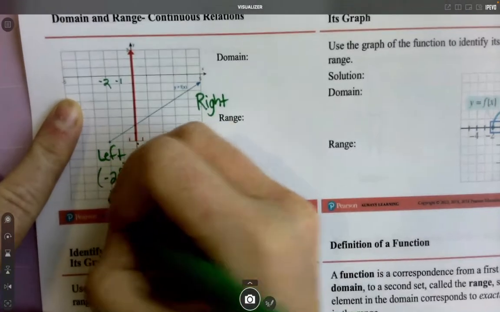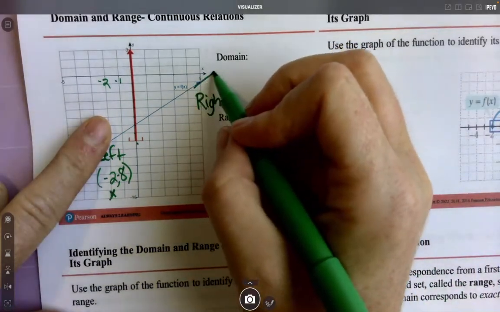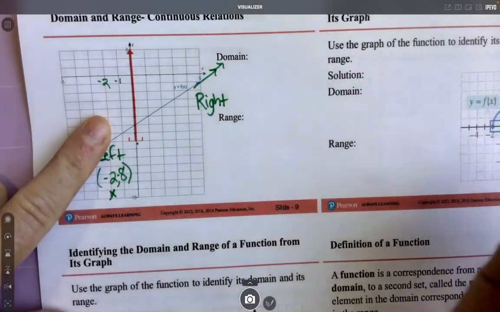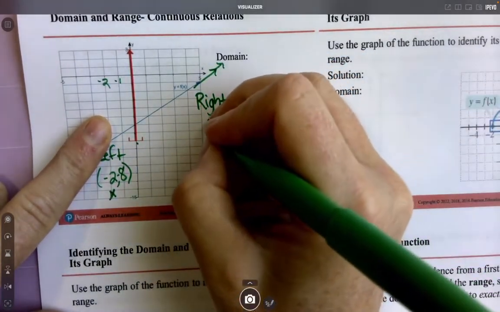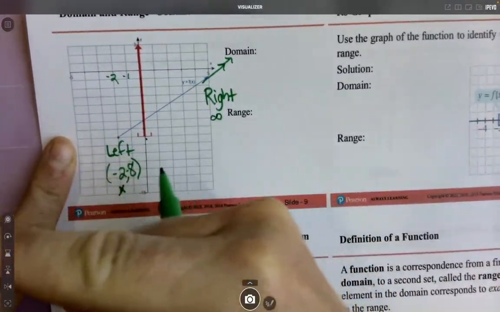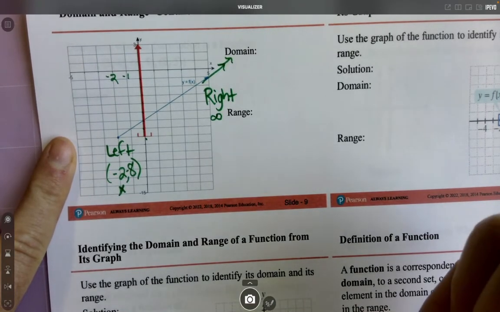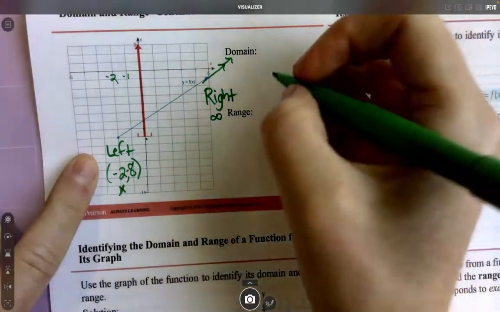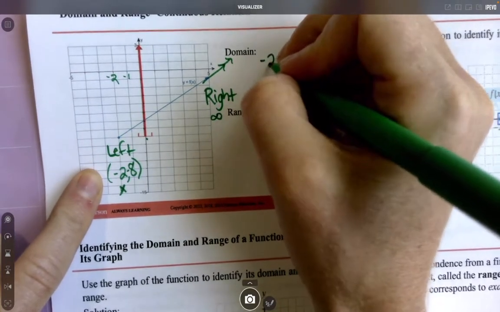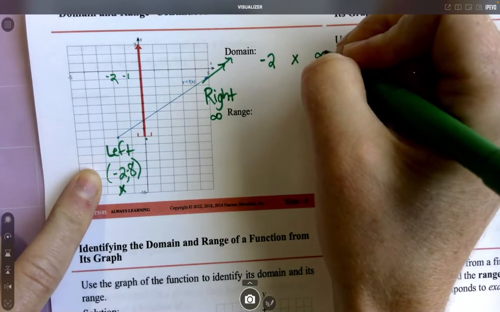We're just using the x value. And then right, that arrow means it's going to go on and on and on. It's not going to stop. So that means it's going to go right to infinity. If it was going to the left with an arrow, negative infinity would be the left value. So this is saying it's going from -2 to infinity.